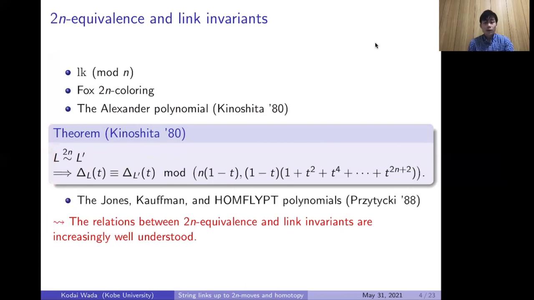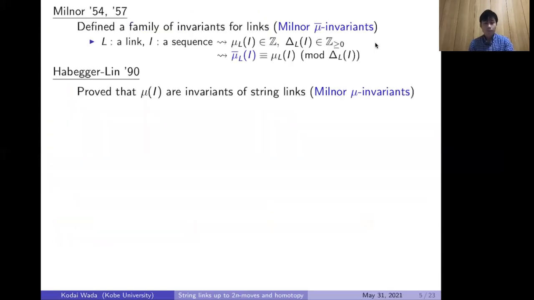In this talk, we discuss a relation between 2n-equivalence and Milnor invariants. In the 1950s, John Milnor defined a family of invariants for links called Milnor mu-bar invariants.